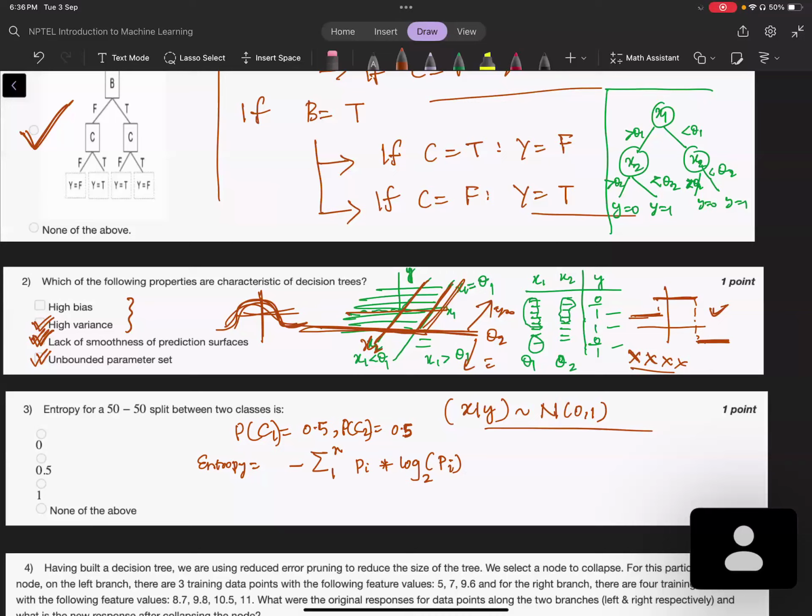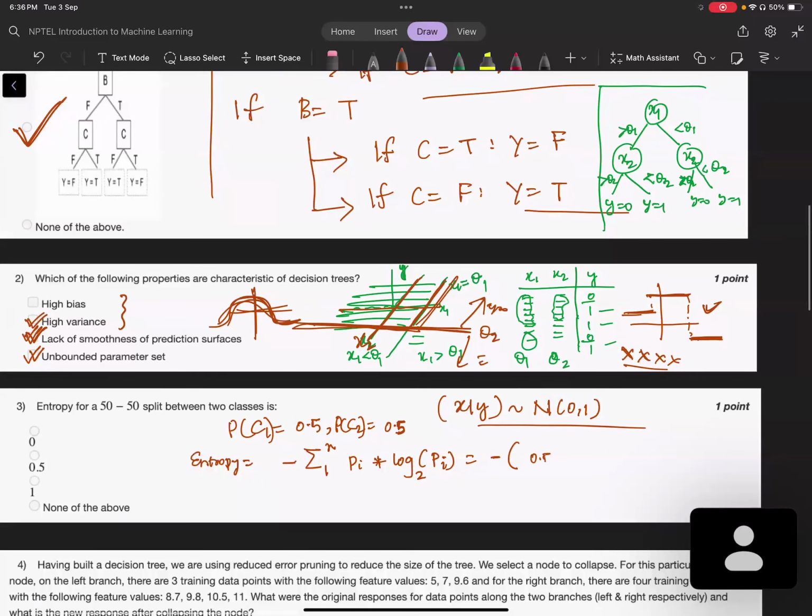So if you apply the formula, let's take the minus as common outside. p_i is 0.5, then log base 2 of 0.5, plus 0.5 log base 2 of 0.5.